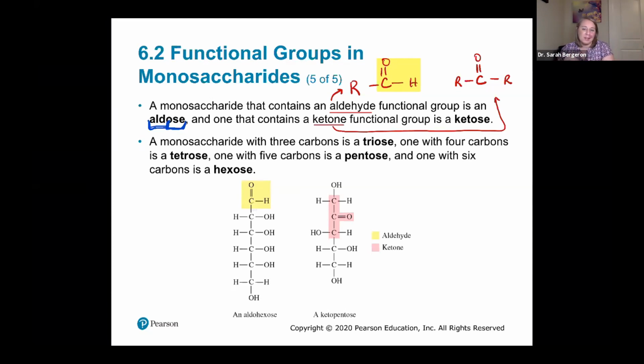So we're going to practice naming some of these. And when you're trying to look at how many carbons there are, remember this is very similar to writing the prefixes for our covalent compounds. Tri meaning 3, tetra meaning 4, pent meaning 5, and hex meaning 6.